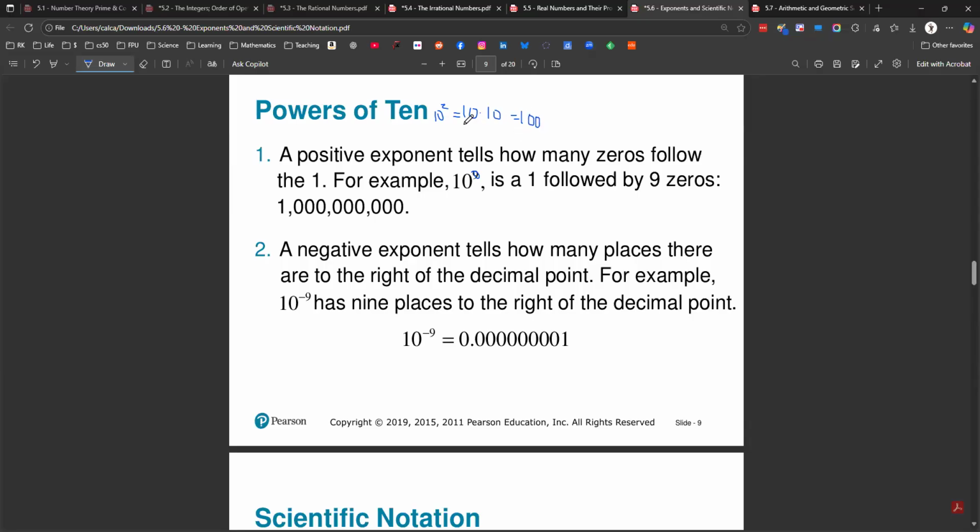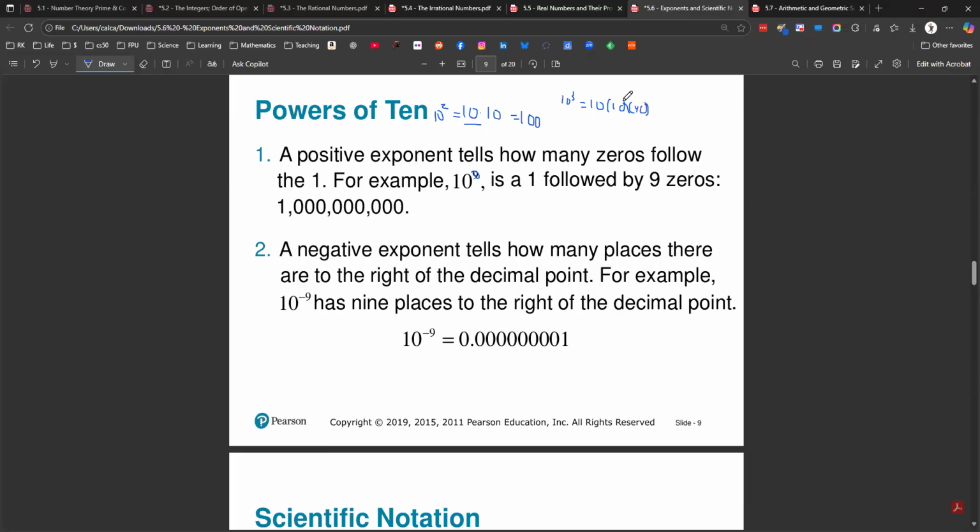If we go back to what we talked about two lessons ago, this is how many of these you have. So we have 10 groups of 10, 10 tens here. And if we did, let's say, 1,000, so 10 cubed, that's like 10 times 10 times 10.